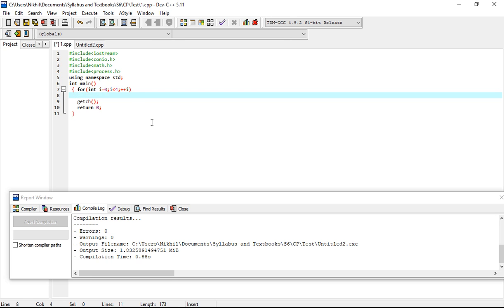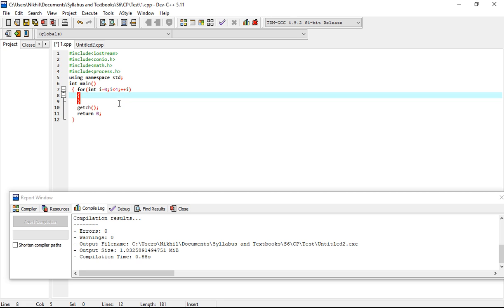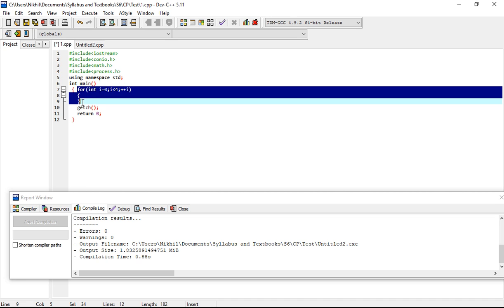As you can see from this loop, i's value will move from 0, 1, 2 and 3. So in any way we'll get 4 outputs, 4 iterations, as in 4 repetitions of this loop, right?